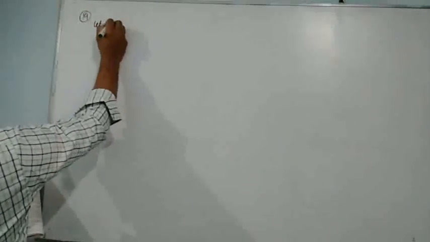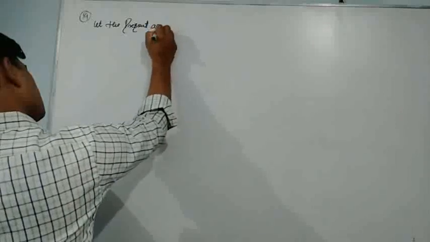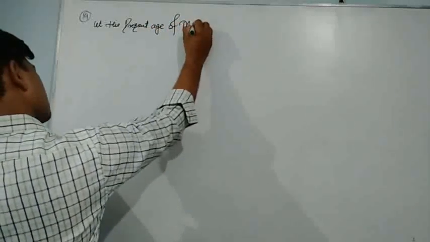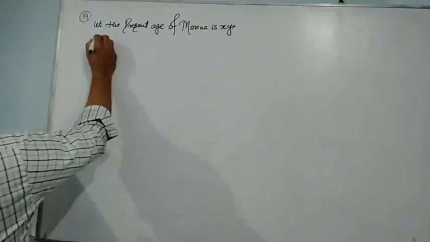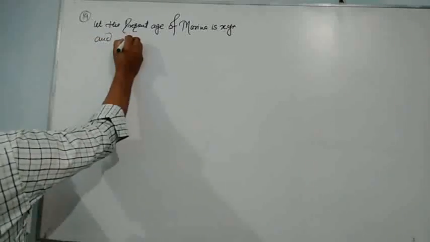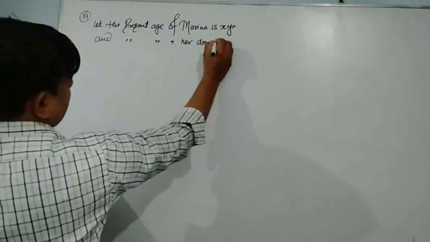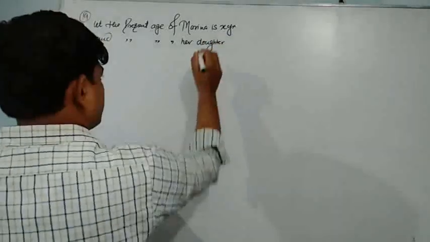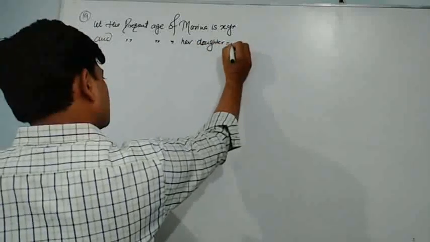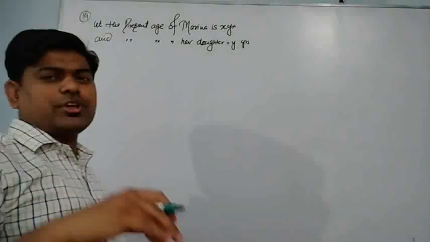Question 19: let the present age of Marina be X years and the present age of her daughter be Y years. Now we are talking about 4 years ago.